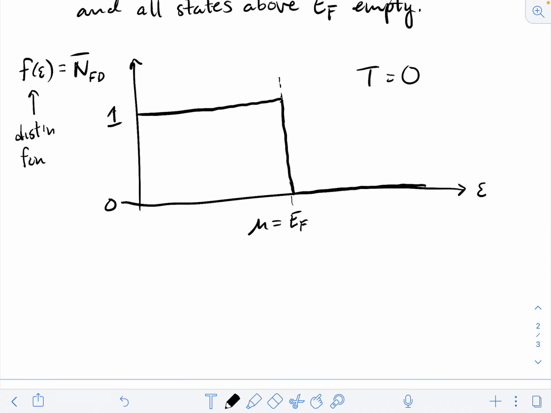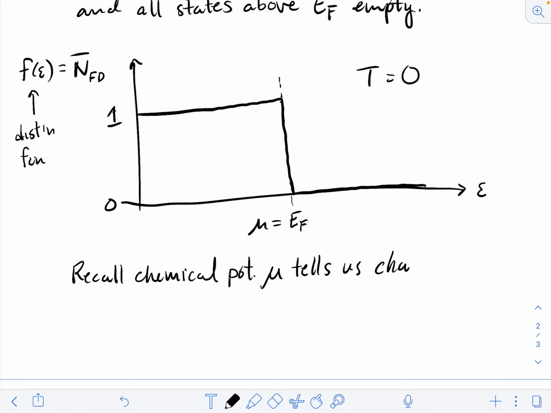Let's make a couple of notes here. Recall that the chemical potential mu tells us the change in system energy when the number of particles is changed.